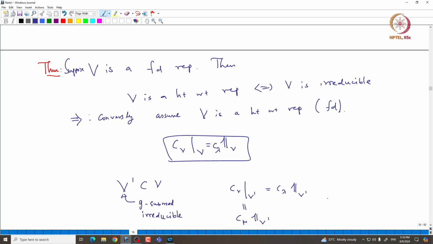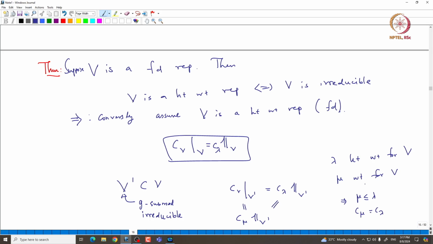Now this lambda is already the highest weight for capital V, and mu is a weight for capital V, which will force that mu must be less than or equal to lambda. So C mu must be equal to C lambda with this equality.